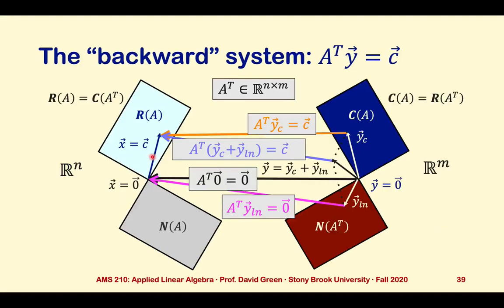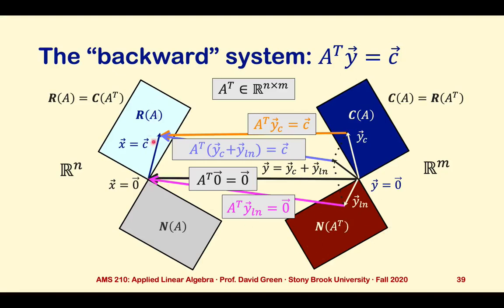We can draw a picture that looks exactly like the one we saw for the forward system, but in reverse. For the system A transpose y = c, it's the null space of A that isn't particularly relevant. The row space of A houses the right-hand sides that have solutions. That includes the 0 vector, which always has a solution of 0, but also can have solutions in the left null space.